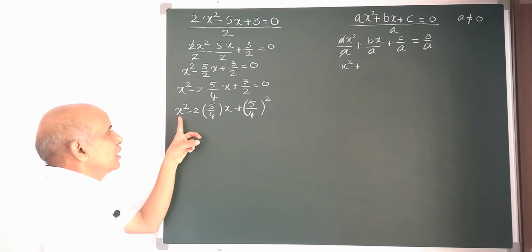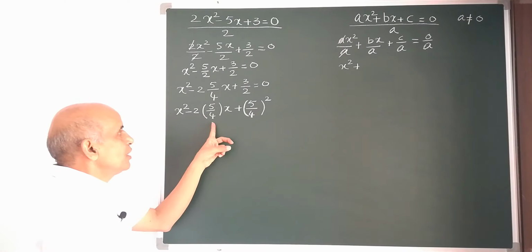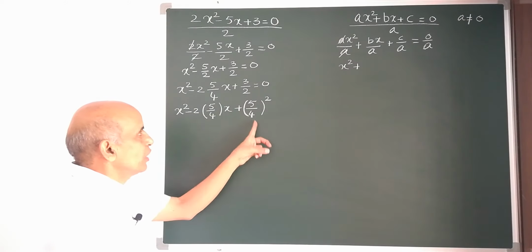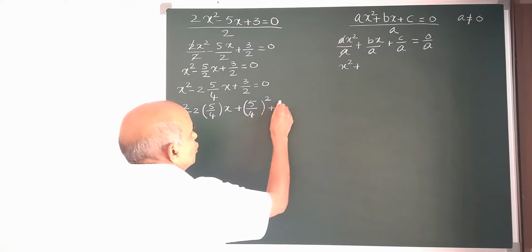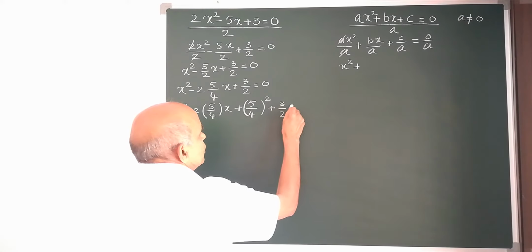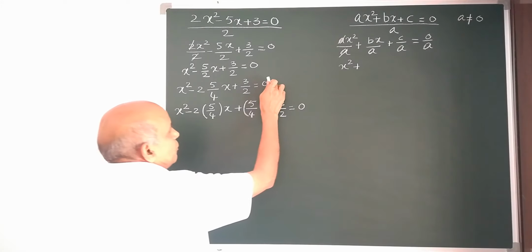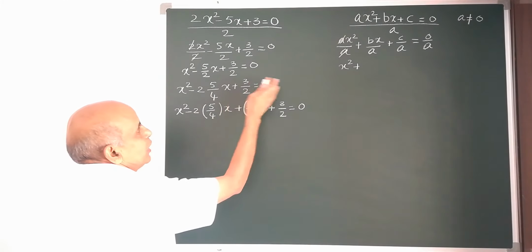We have a square plus 2ab. So we are adding b square, that is 5 by 4 whole square. This 3 by 2 is already there. So plus 3 by 2 is equal to 0, plus this 5 by 4 whole square should be added on both sides.